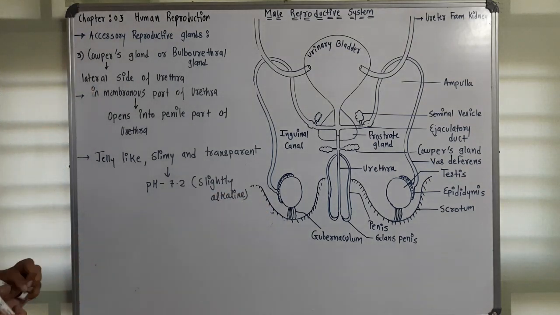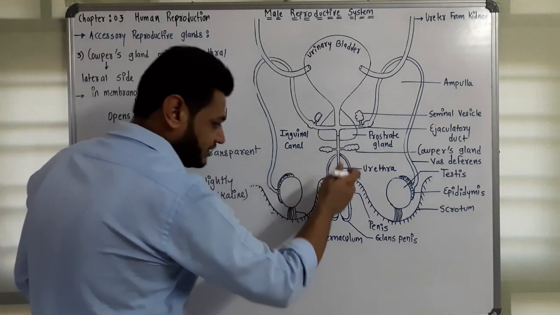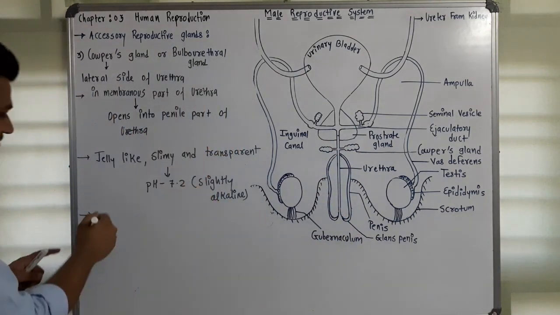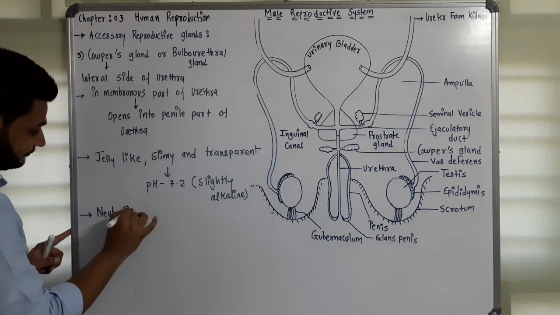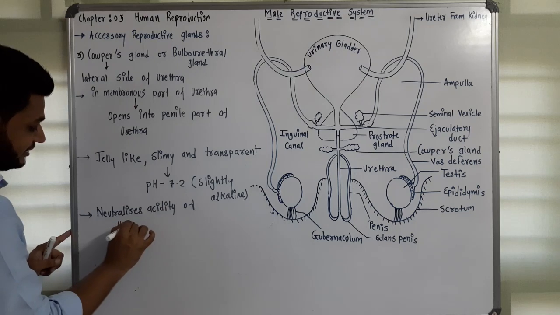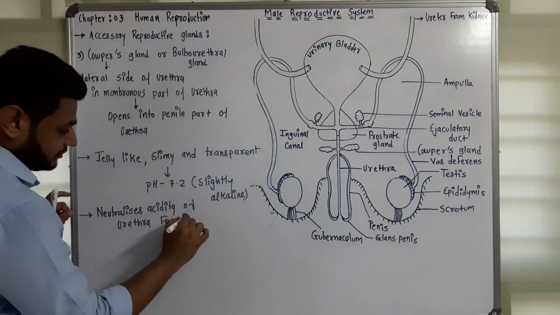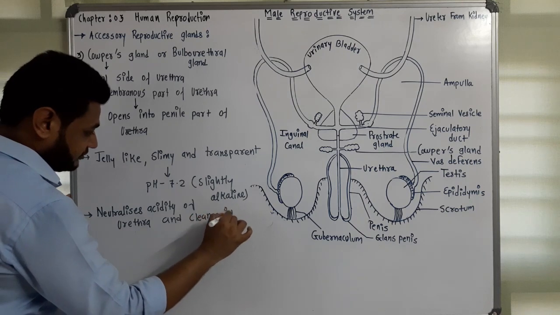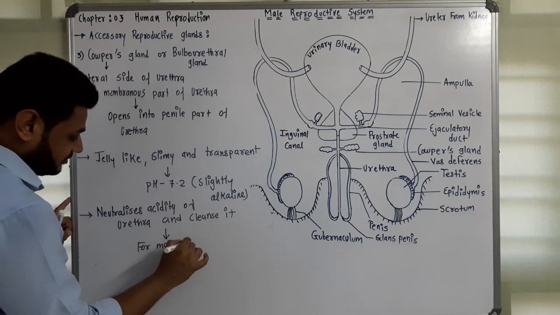What will be the role of this fluid? It neutralizes the acidity of the urethra. The urethra has an acidic condition which is neutralized by this, and it cleans it, for the movement of sperm.